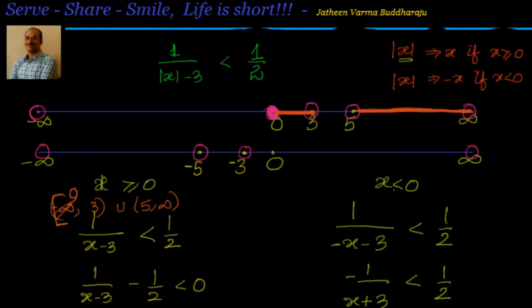But what happens now is we are only looking at the values x less than 0. That means I cannot go till infinity, I have to stop at 0. So this will be the solution, minus 3 to 0 here, and this is another solution, minus infinity to minus 5. Hope you are clear with that.